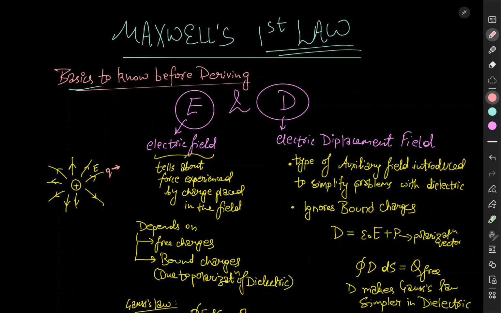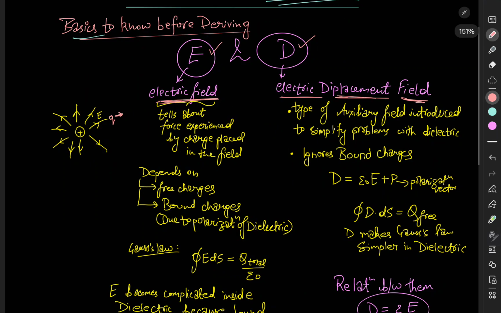Now, in order to derive Maxwell's first law, we must know the difference between E and D. E means electric field, whereas D means electric displacement field. We just studied what the electric field tells us: the force experienced by a charge placed in the field. Suppose this Q0 charge is placed in the electric field of this positive charge.